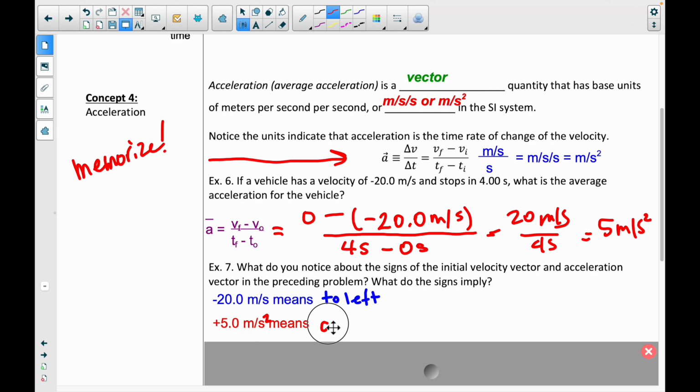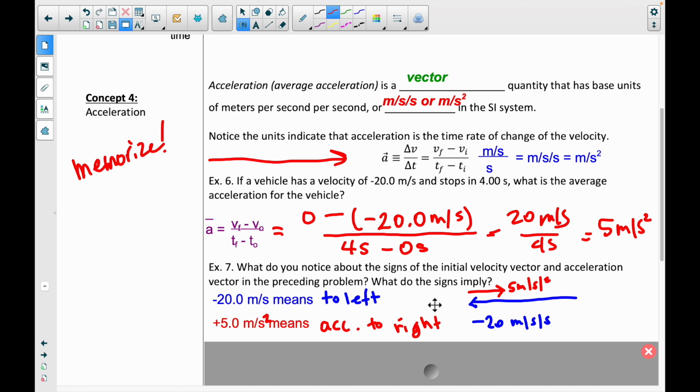Okay, so if we think about this graphically, you are moving to the left at negative 20 meters per second. There's some acceleration going on. And again, we'll get into this more next unit, but acceleration means something has to be pushing it. So something is pushing against it with an acceleration of 5 meters per second squared.